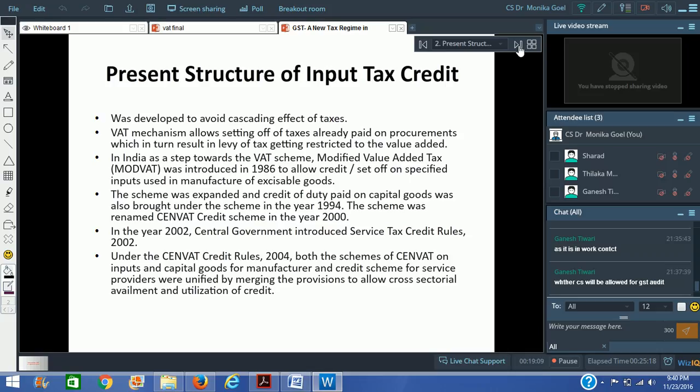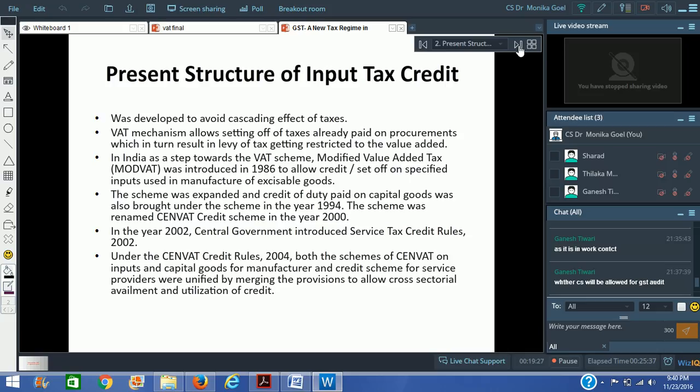When we look at the VAT mechanism, whether in excise or VAT itself, what we say is that the taxation should be on the value added, right? It should not be a tax on tax.